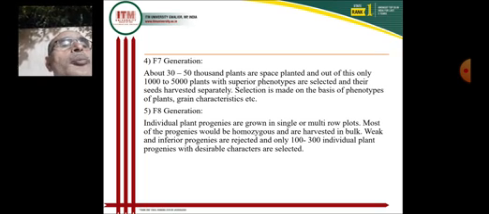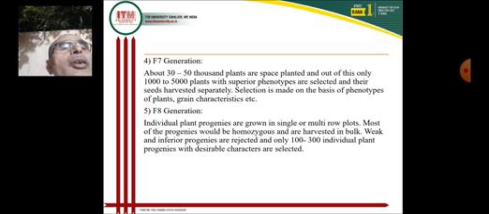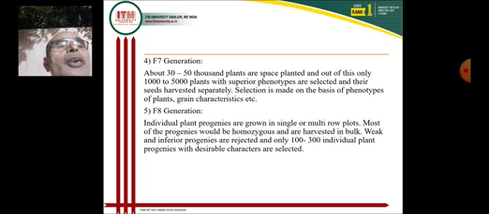Now weak and inferior progenies are rejected. Only 100 to 300 individual plant progenies which have desirable character and are superior in yield and phenotype are selected.